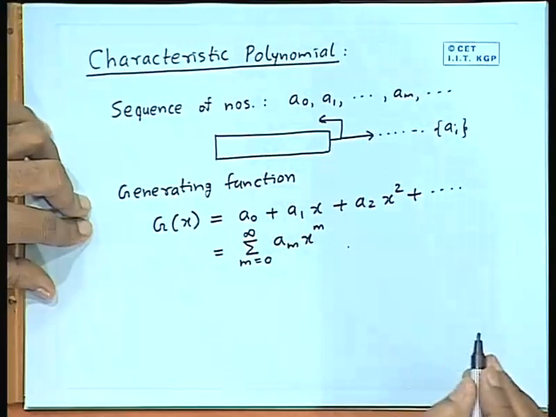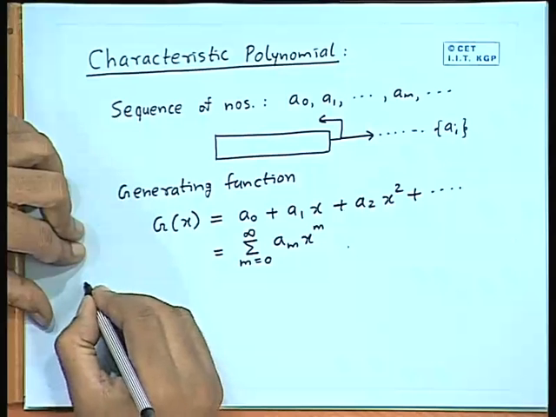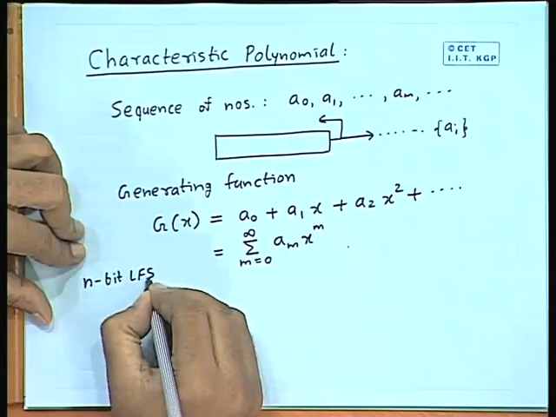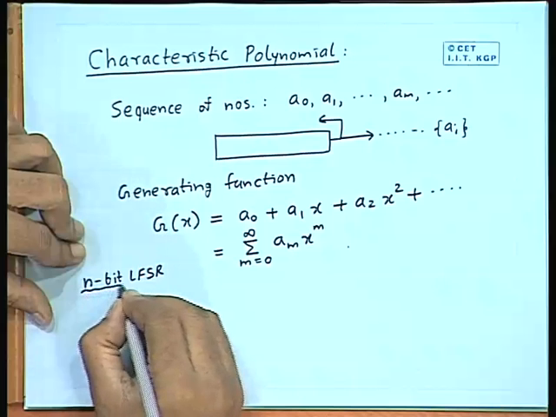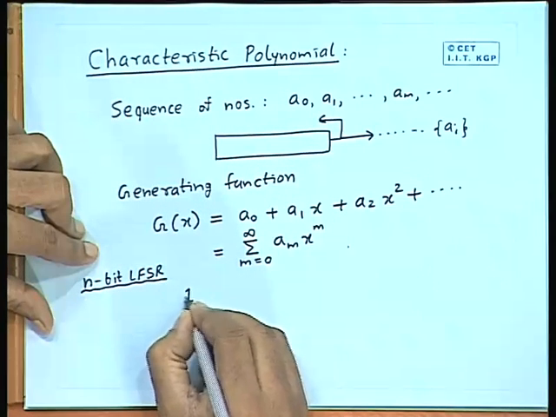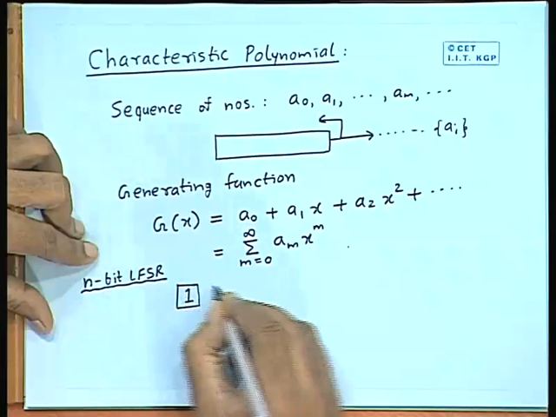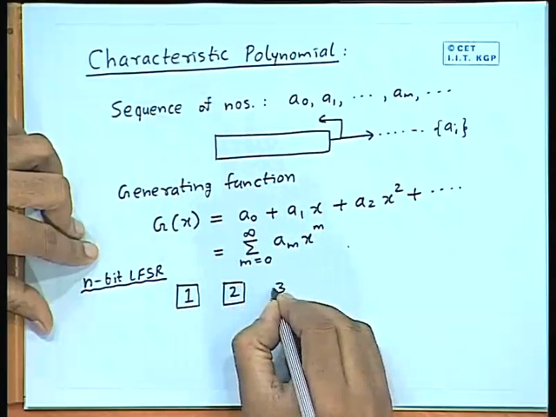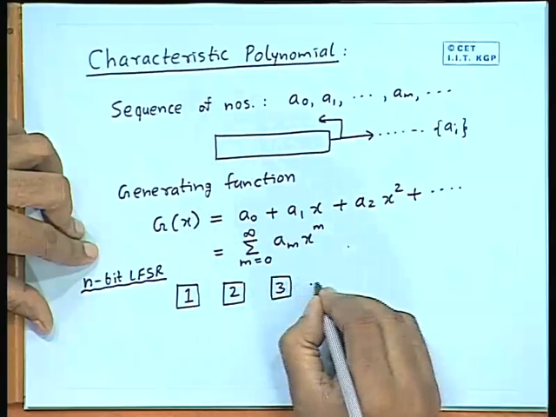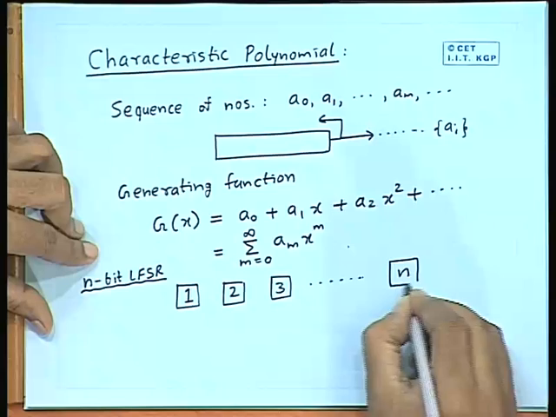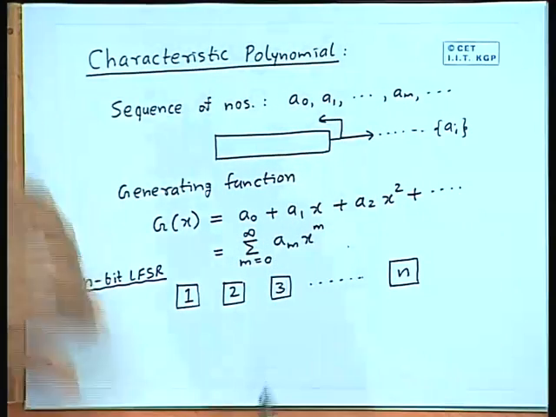Now, suppose we have an n bit LFSR. Let us say these are the corresponding flip flops 1, 2, 3 up to n. Now A0, A1 are the bit patterns.